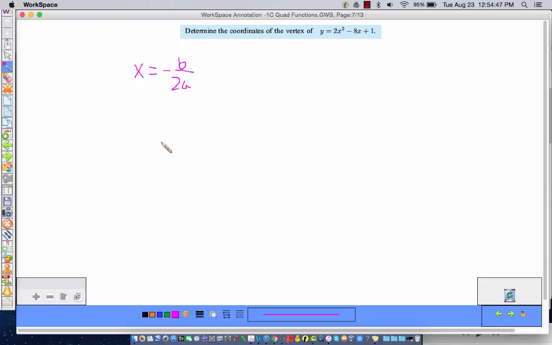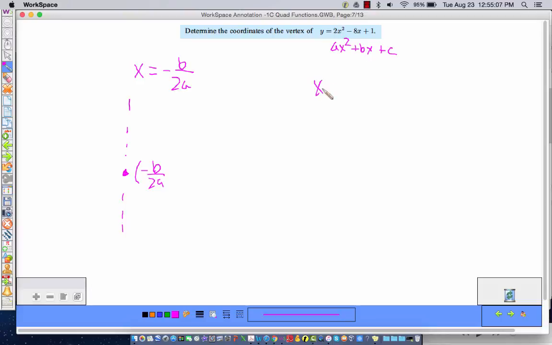And since the vertex is on the axis of symmetry, the x-coordinate is -b over 2a. Okay, and that's when we're in the form of ax squared plus bx plus c.